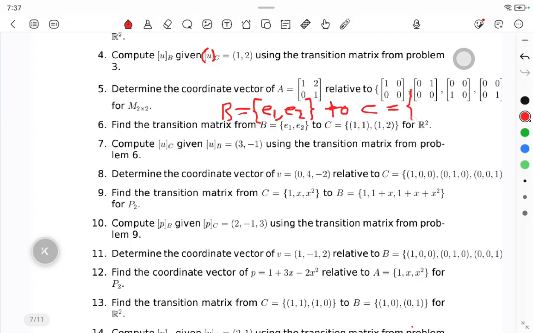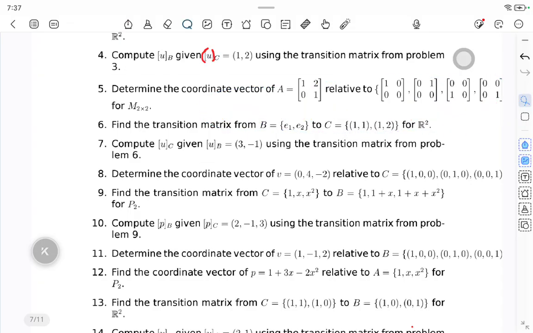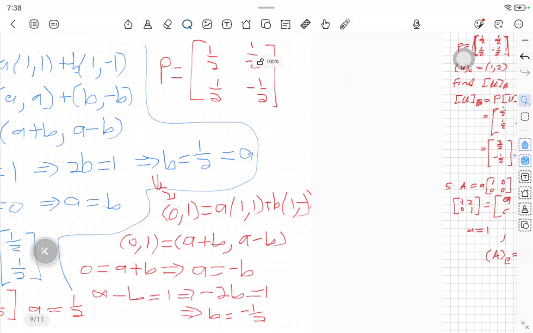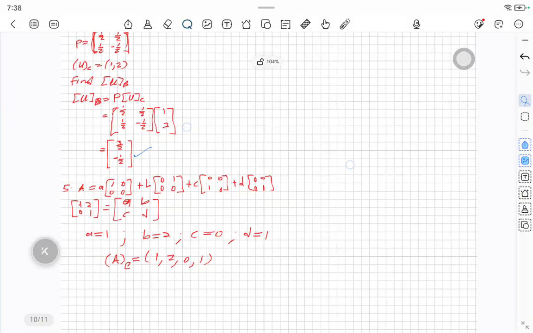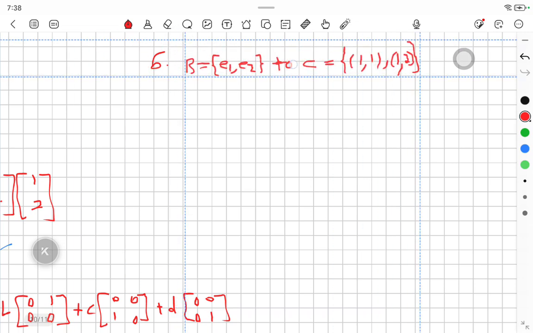What is E1 and E2? Guys, 1, 0 and 0, 1. 1, 0 and 0, 1, right? Yes. Make sure you reply fast, guys.